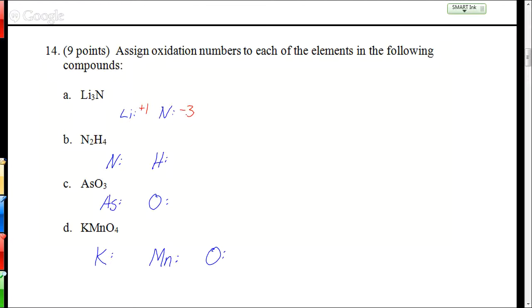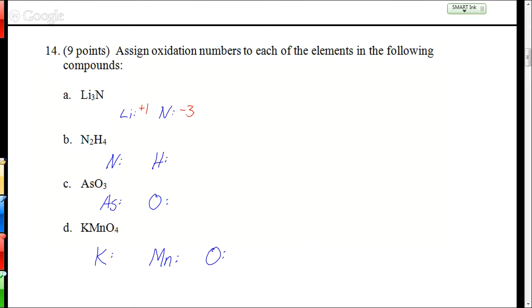All right, what about N2H4? This is a compound called hydrazine or dinitrogen tetrahydride. What do you think? N is -3. Is that what we see from the list? This one's tricky.